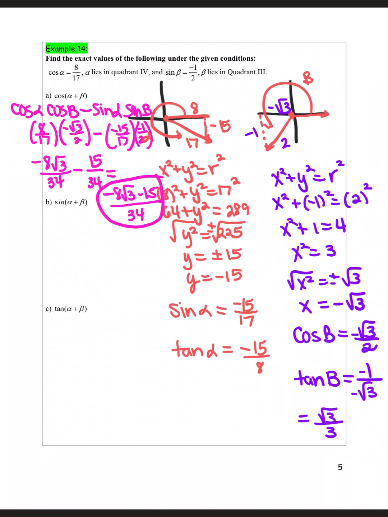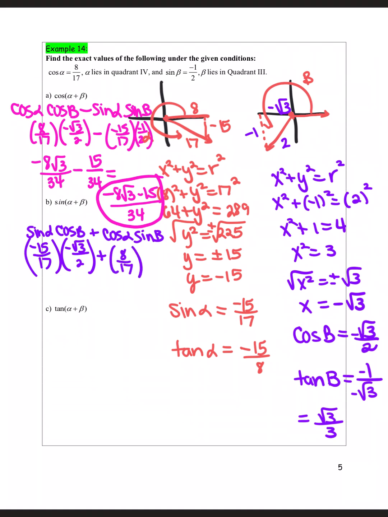B is sine of alpha plus beta, which is sine of alpha cosine of beta plus cosine of alpha sine of beta. So sine of alpha is negative 15 over 17 times cosine of beta, which is negative square root of 3 over 2, plus cosine of alpha, which is 8 over 17, and sine of beta is negative 1/2.